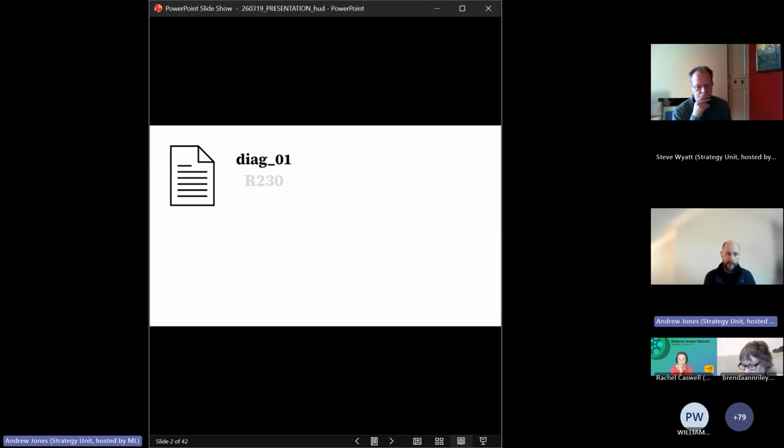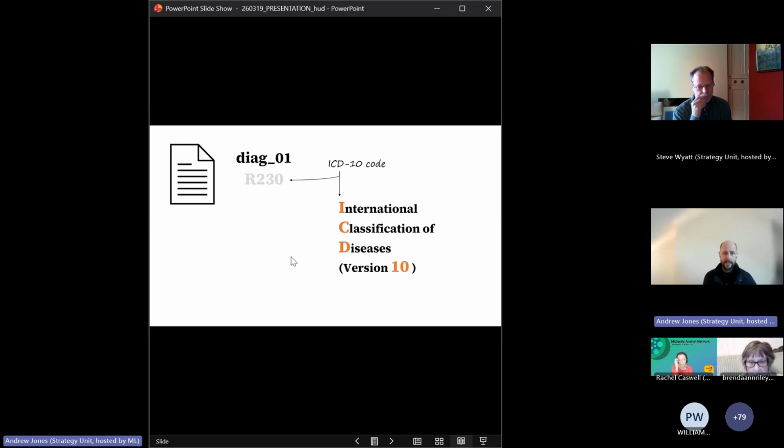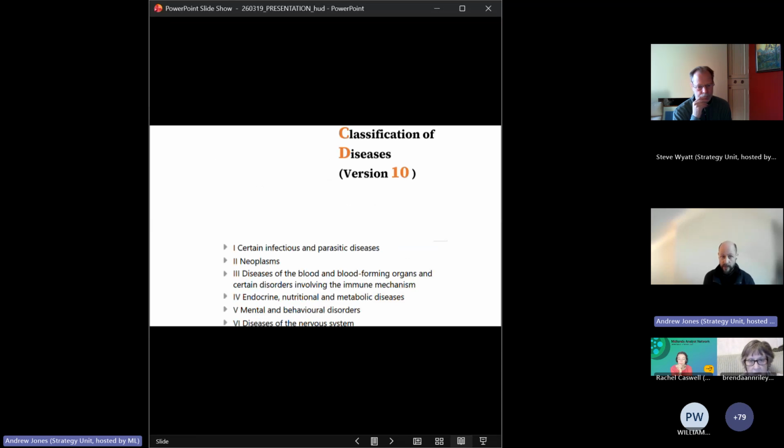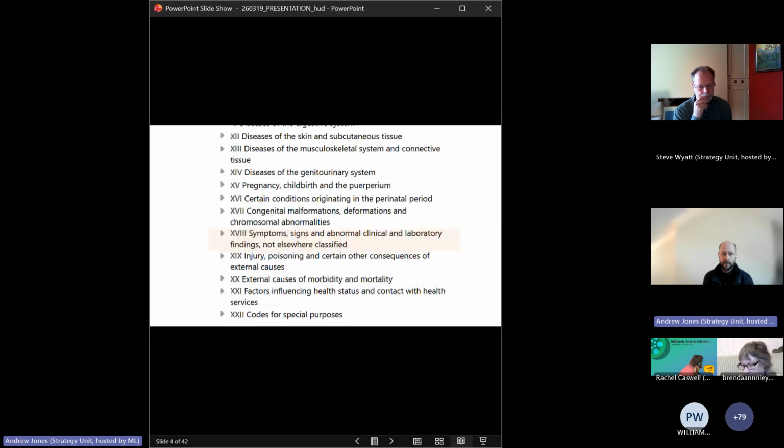And this classification is divided into 22 chapters, and the majority of chapters relate to diseases or other morbid conditions. But among the exceptions is chapter 18, which is reserved for symptoms, signs, and abnormal findings, not elsewhere classified.